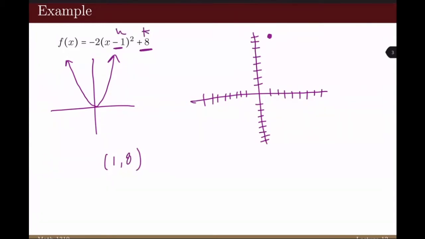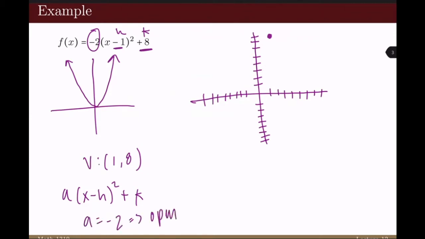And remember, in the standard formula of the vertex form, it's x minus h squared plus k. All right, and then we have this -2 here. So the negative tells me my parabola opens downward. So this is my vertex. A is -2, which means it opens down.